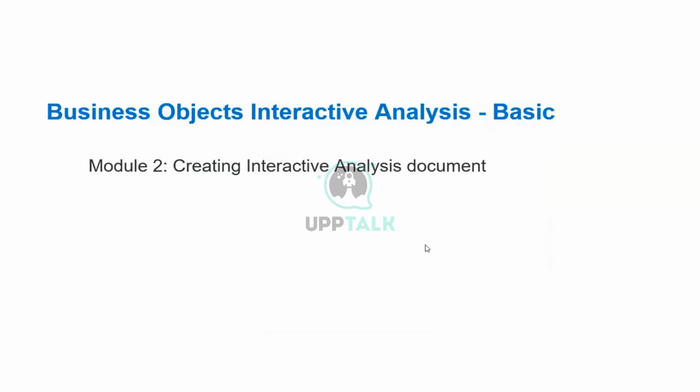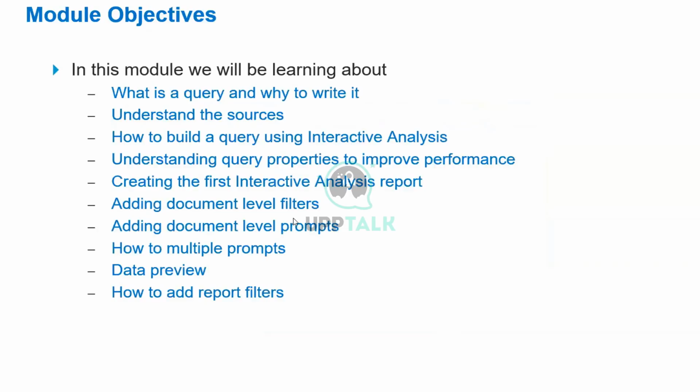This is Module 2, the second module. That is just to show you the features, options, the tool, and how it works. Module 2 is for creating an interactive report. Here we will understand what a query is and why we write it. We will understand the sources.